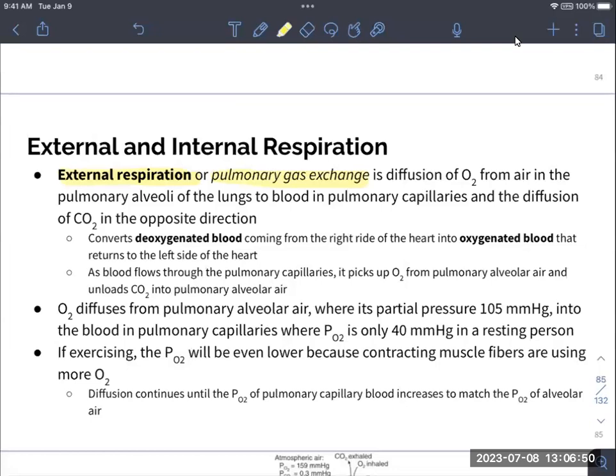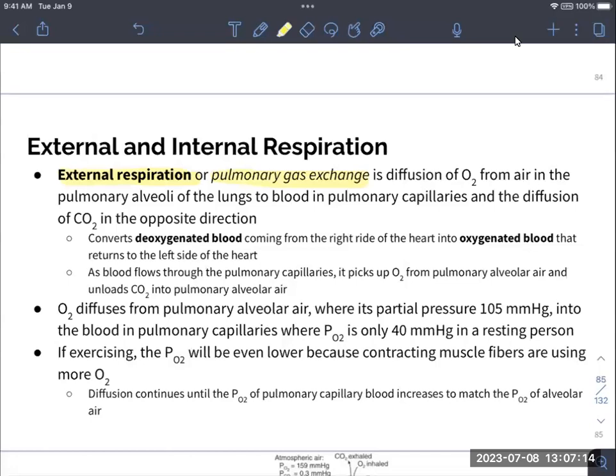So as blood goes through these pulmonary capillaries in the lungs, oxygen diffuses out of the lungs into the blood, and carbon dioxide diffuses out of the blood back into the lungs so we can breathe it out.